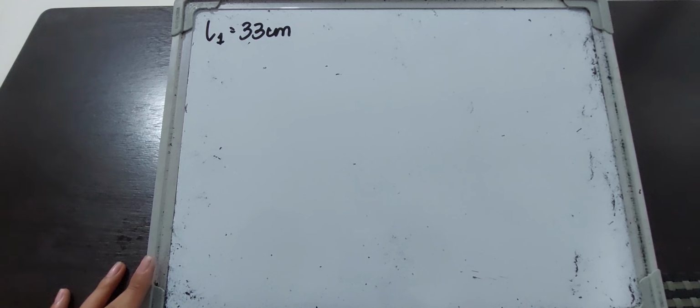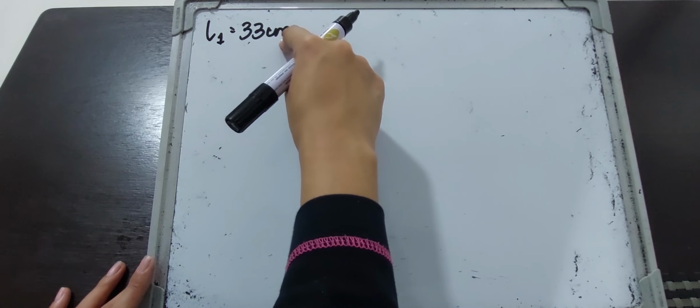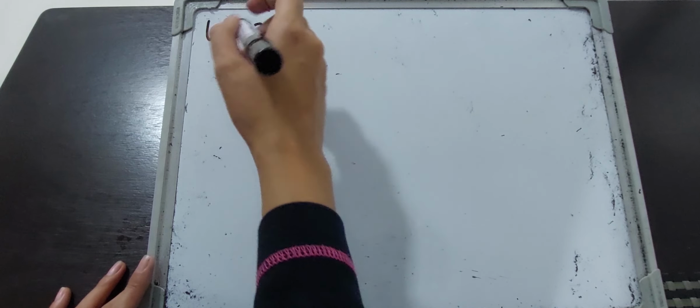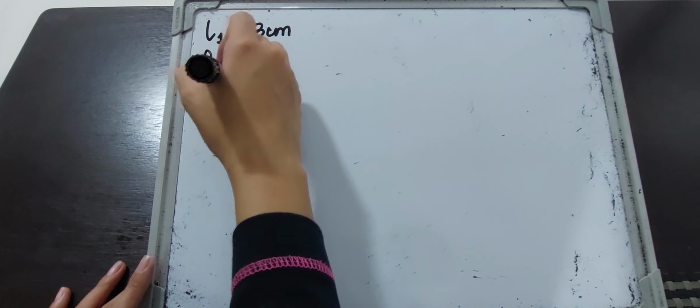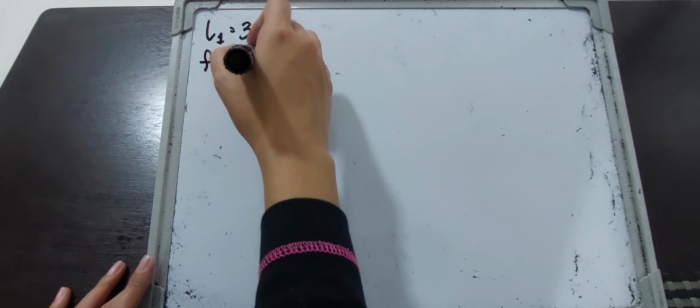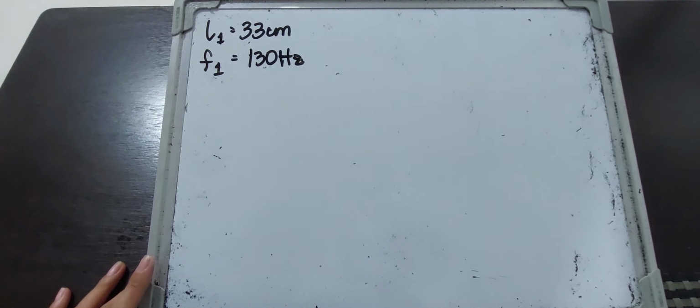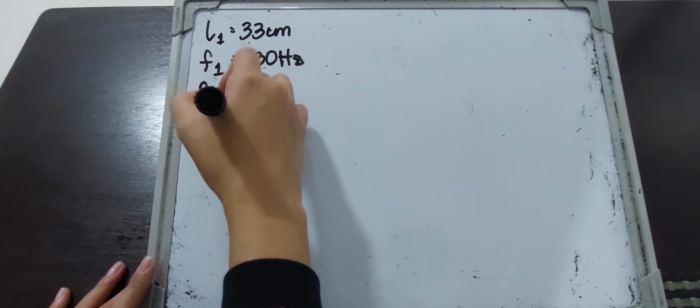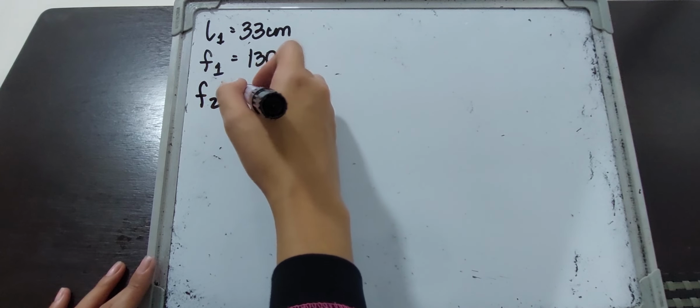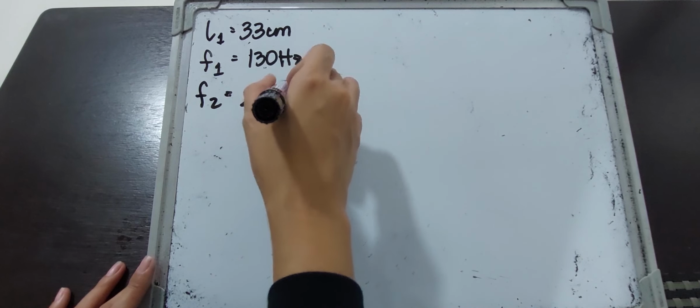And yung natural frequency ng C string is 130 Hertz. Where must the violinist place his finger on the string to produce a frequency of 288 Hertz?